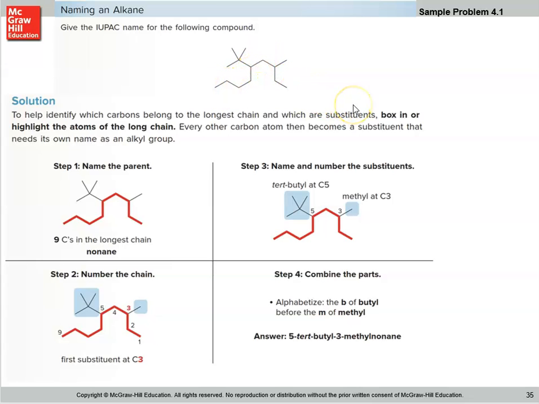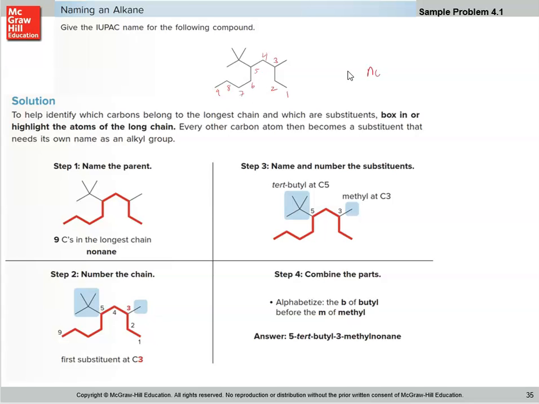So we have to decide if we're going to count from left to right or right to left. And here it looks to me I'm going to have to count from right to left, because on the 1, 2, 3 carbon, I already get a branch versus 1, 2, 3, 4. So let me number these as 1, 2, 3, 4, 5, 6, 7, 8, 9.